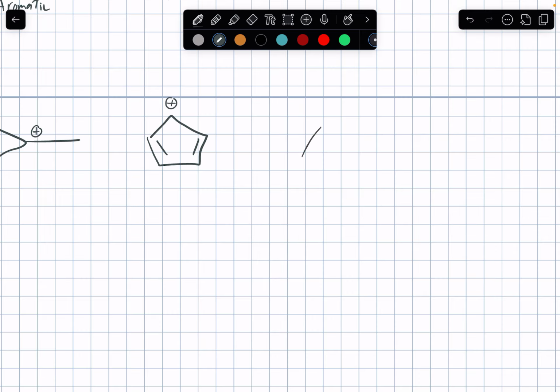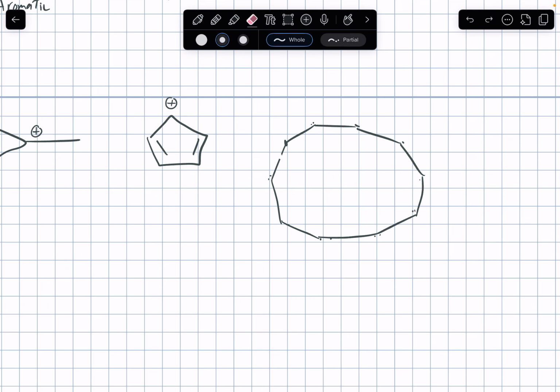No. 1, 2, 3, 4, 5, 6, 7. 1, 2, 3, 4, 5, 6, 7, 8, 9, 10. 11. Assume every side is symmetrical.